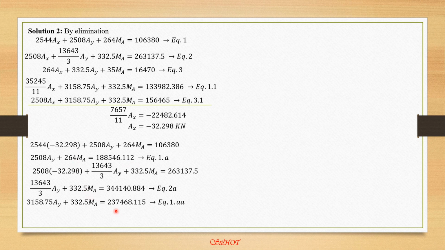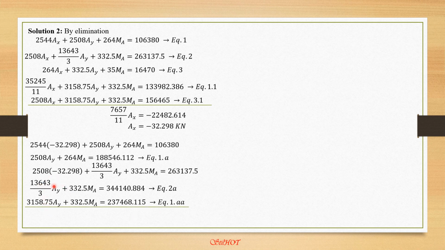So that will be 237,468.115. So we can now eliminate MA from equation 2A and this new equation by subtracting it from equation 2A. So we can solve for AY.